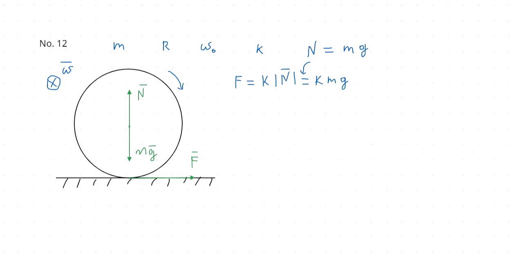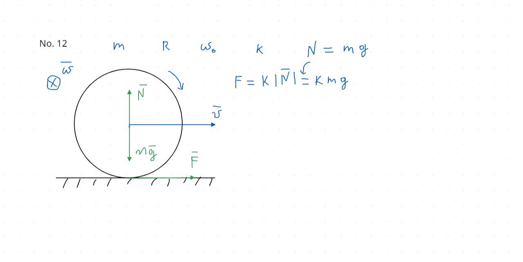In this case, the absolute values of the normal reaction and the force of gravity are equal, but we also have the force of friction, and this force of friction will cause horizontal motion of this cylinder with velocity v.